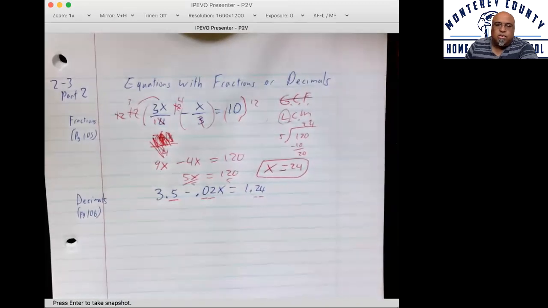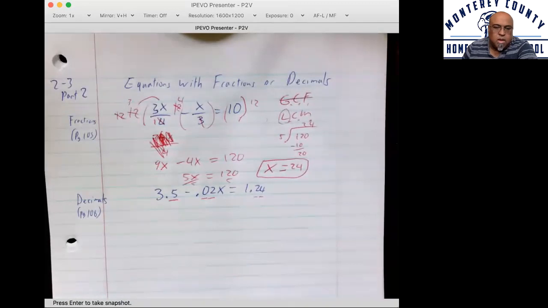Okay, so the idea is in order to get rid of decimals to simplify your problem, you want to multiply it by the highest place value. Now remember, with fractions, you want to multiply it by the least common multiple, basically a number that's larger than your denominators that they both go into.